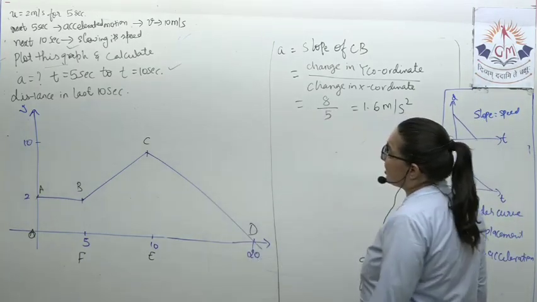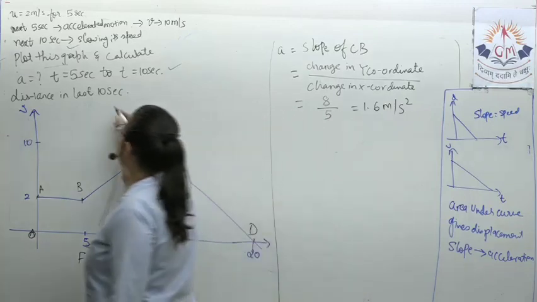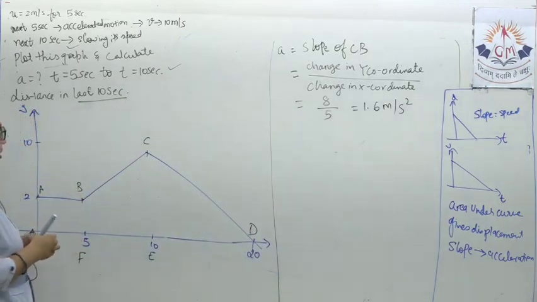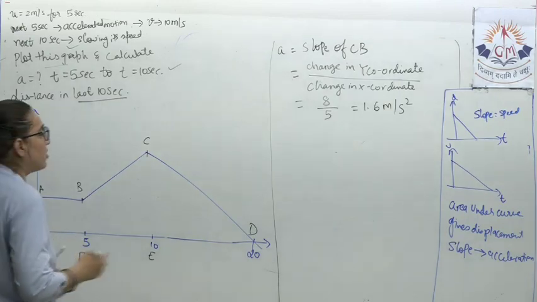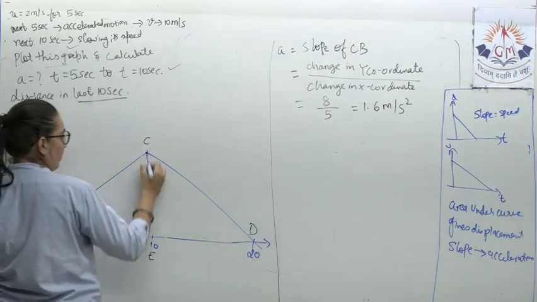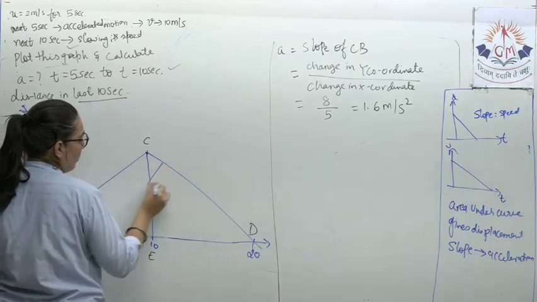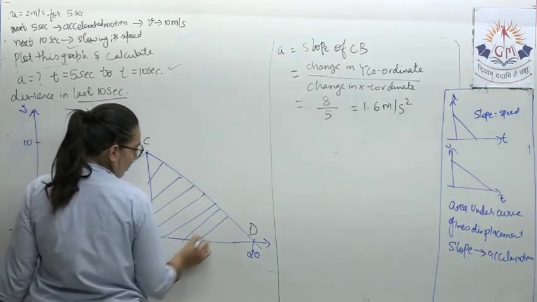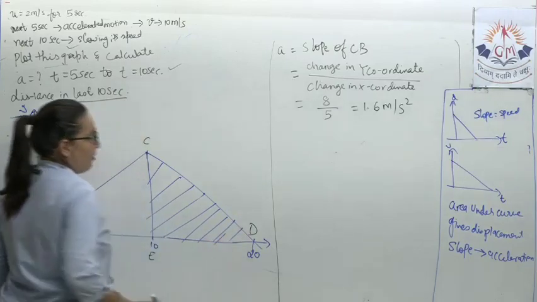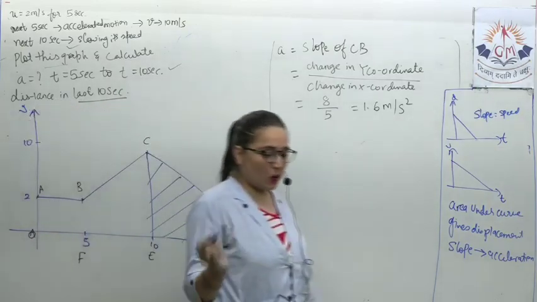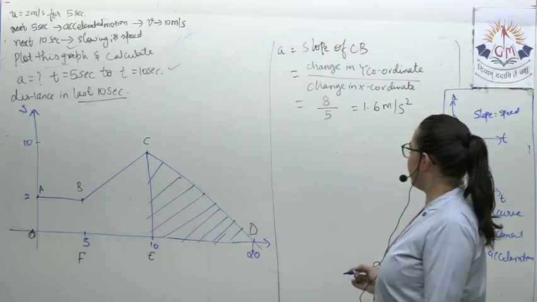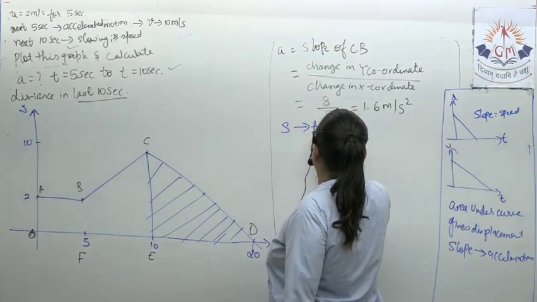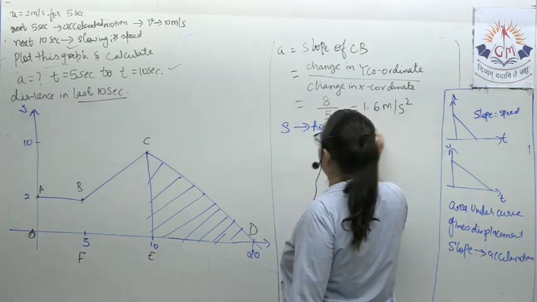Next, the distance that is traveled in the last 10 seconds. How will you get the distance? The distance is the area under this curve CD. We have studied that this is how you get the distance. Area under which curve?